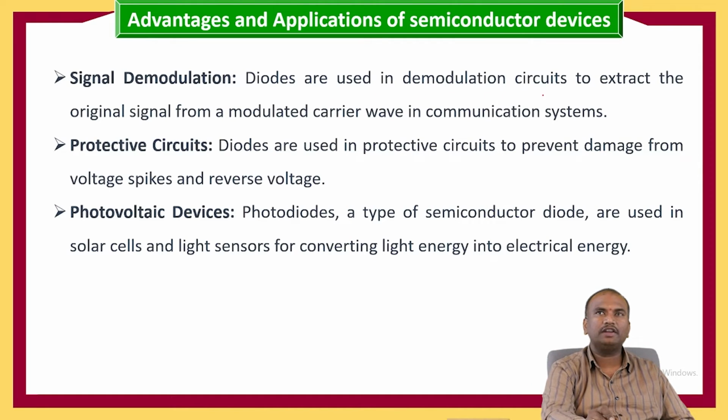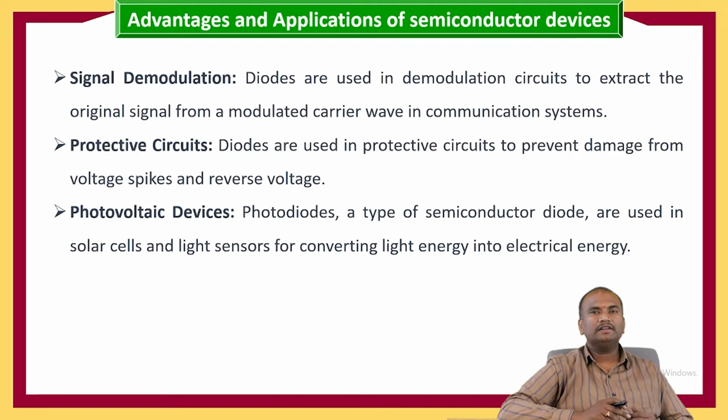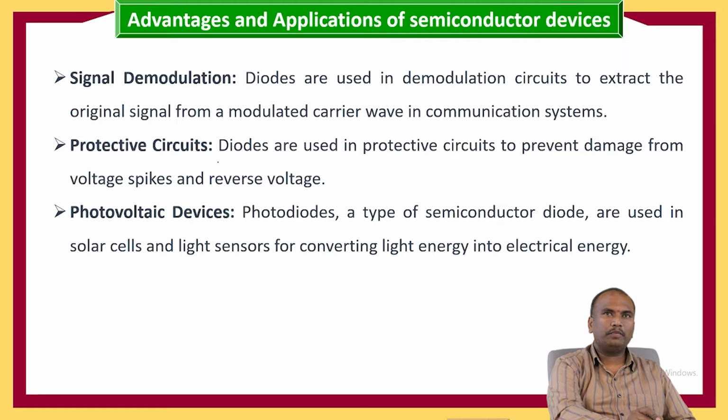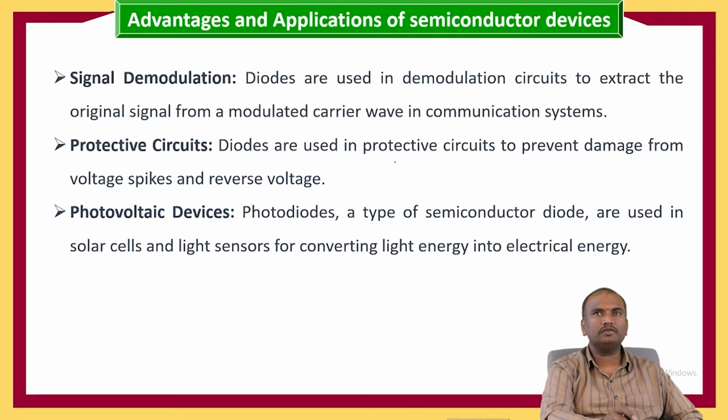Here diodes are used in demodulation circuits to extract the original signal from a modulated carrier wave in communication systems. In communication systems, we also use these diodes in order to modulate the signal onto the carrier wave.